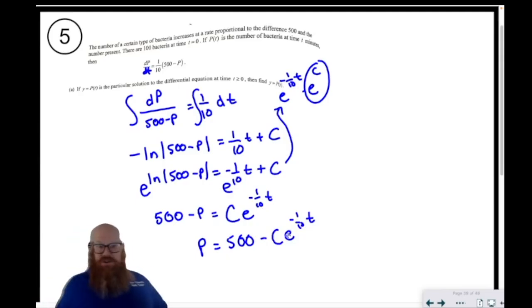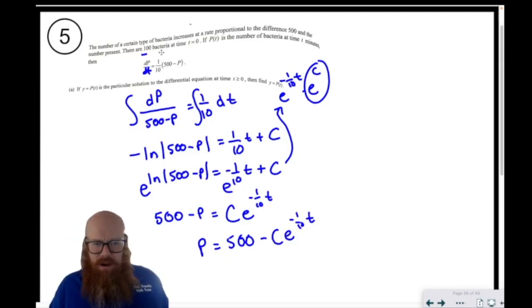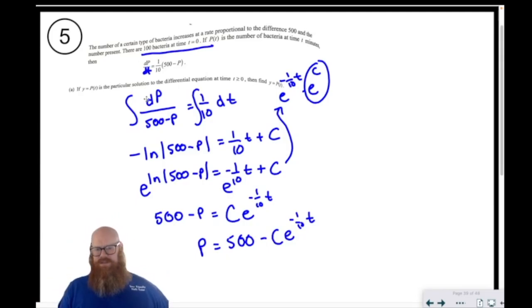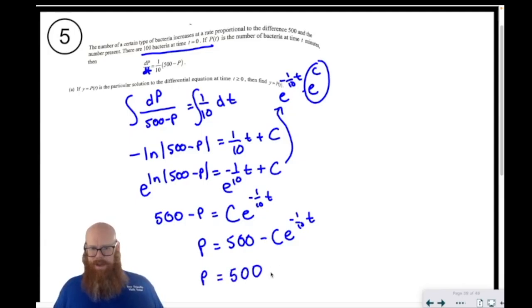And my initial condition somewhere up here is there's 100 at time 0. Well, when I plug in 0, e to the 0 is 1, so 500 minus c is 100, so c must be 400. So p equals 500 minus 400 e to the negative 1/10 t.